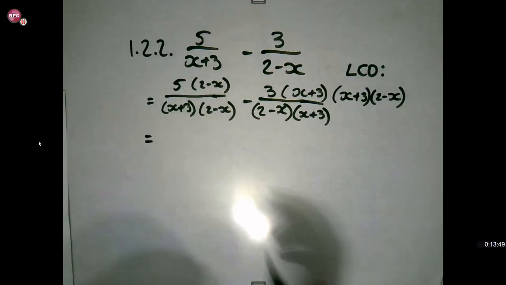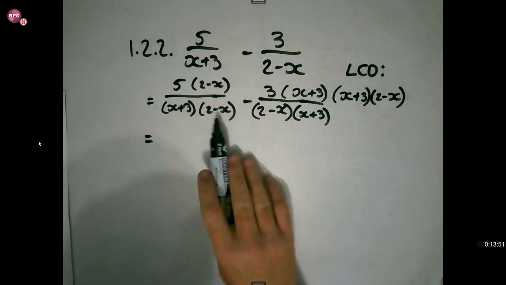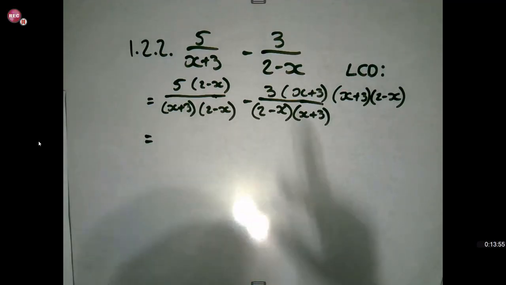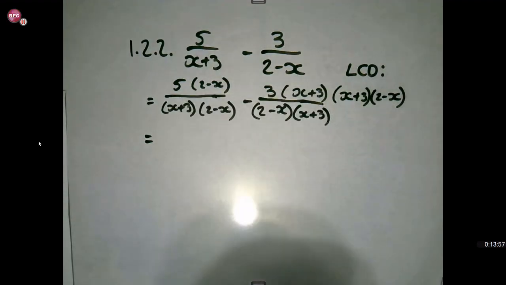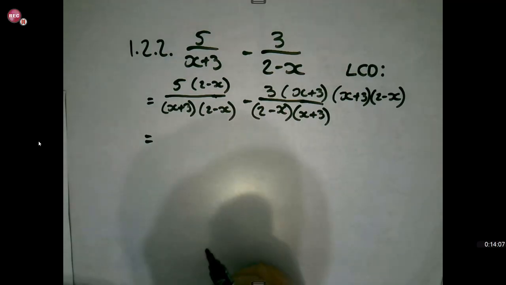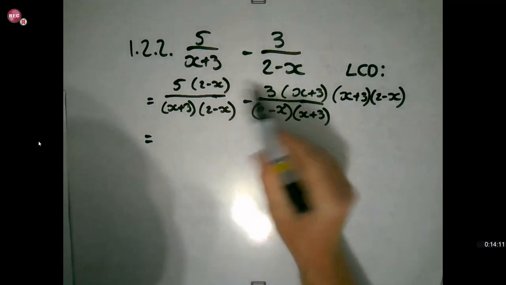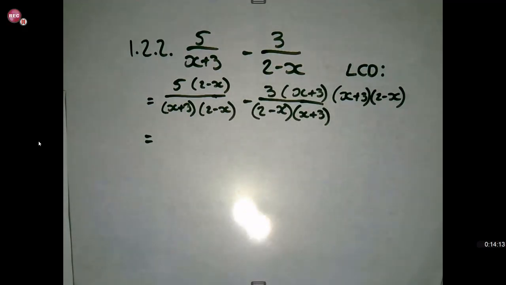So, moving on. Once your denominators are the same, you can write everything in the numerator positions over one denominator. Okay? The other thing that you need to be very careful of is the signs that might change as you continue with the question.